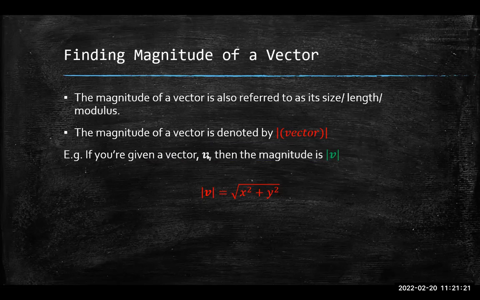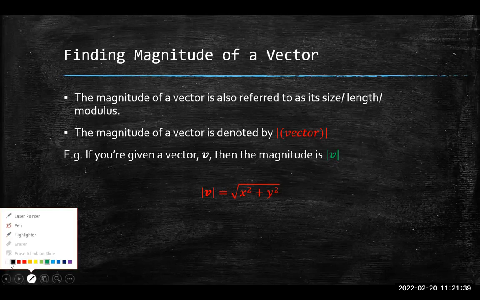If they ask me to find the magnitude of this vector, you put two lines and then the symbol for the vector in the center. That's what this is trying to show you. Whenever you see something like this, you know they're talking about the magnitude of the vector.